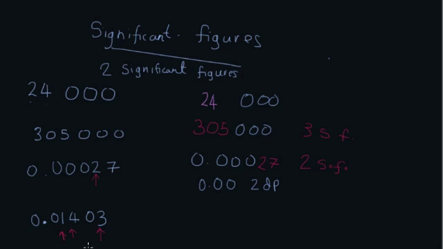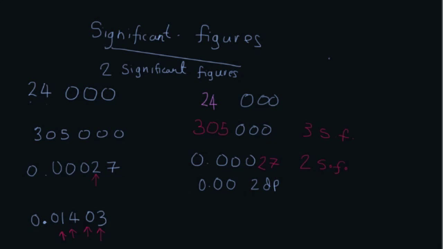The 0 between them is also a significant figure because it comes between the tenths, hundredths, thousandths column, the ten-thousandths. Therefore, this is a significant figure. These two zeros are not.